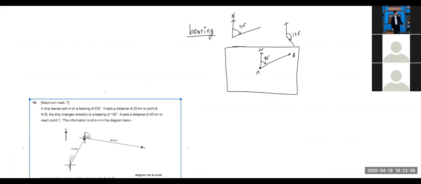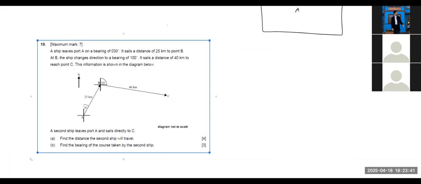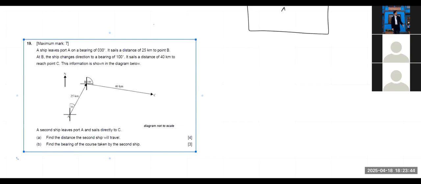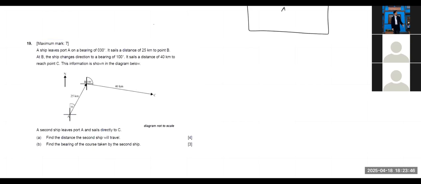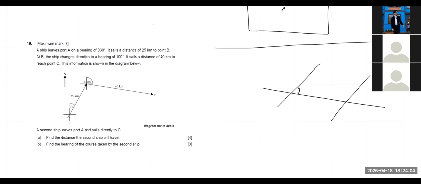Now, for all bearing questions, obviously we're supposed to use SOHCAHTOA, the sine rule and the cosine rule depending on the situation. But there's one additional thing that can help you a lot in bearing questions. There's a rule about general angles: if you have two parallel lines and you cut them with any line, the two angles between those parallel lines will always add up to 180.